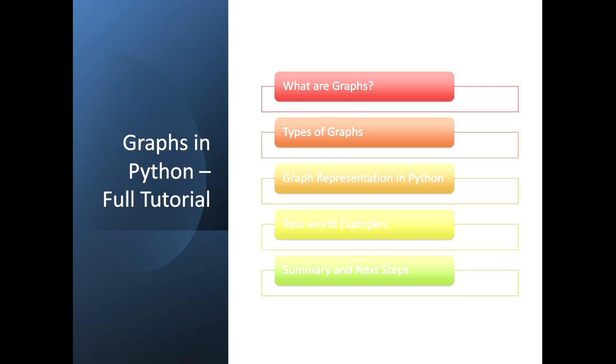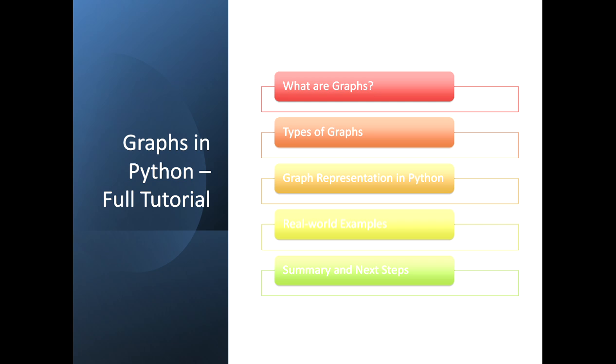So graphs are super useful in the real world, from Google Maps to social networks like Instagram or Facebook, from computer networks to web crawlers. Graphs are everywhere.